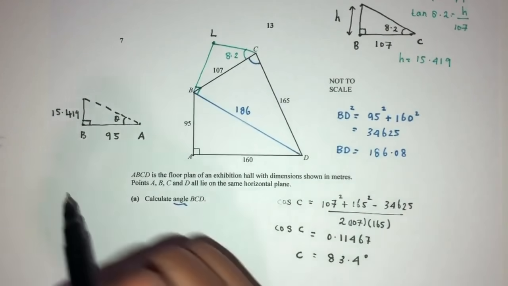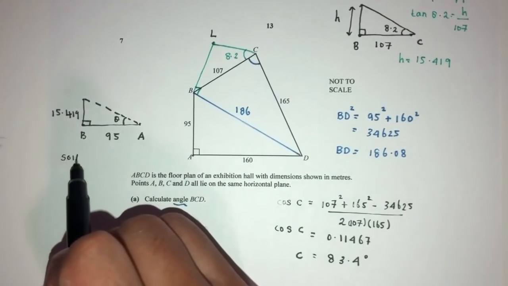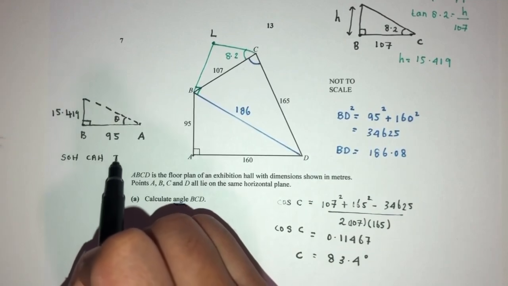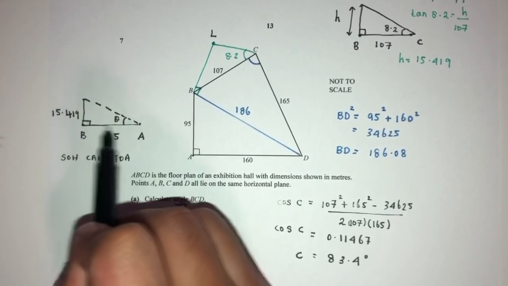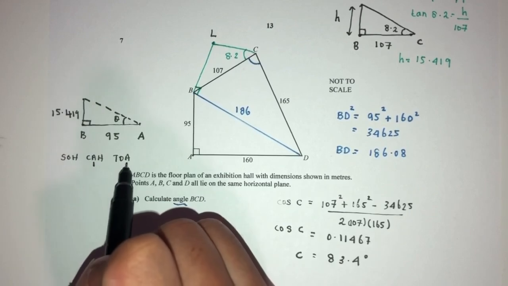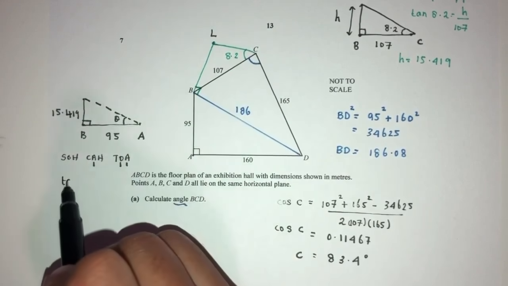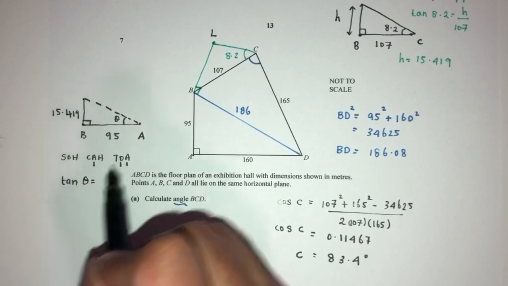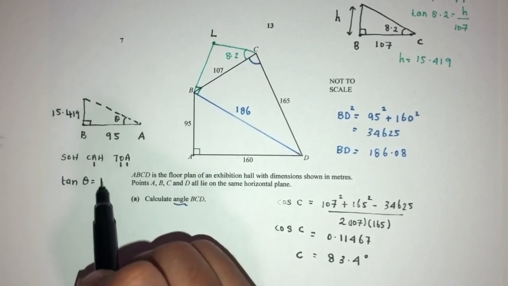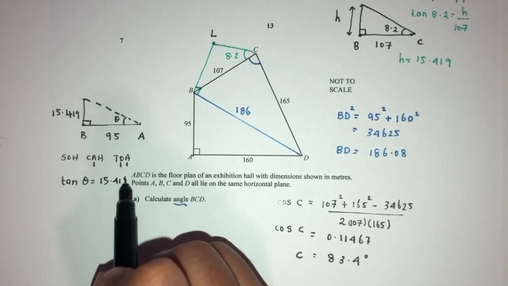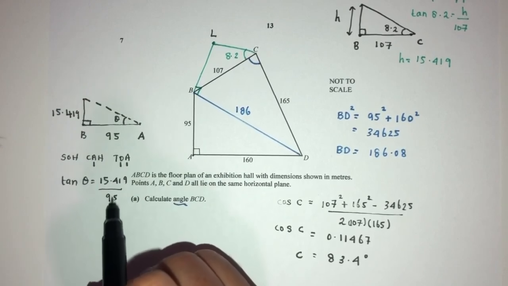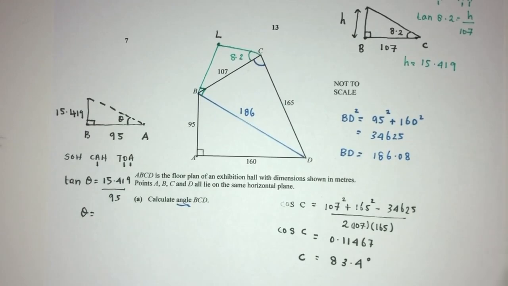How would you find this? Again, let's use SOHCAHTOA. We know this side, the adjacent side, and we know this height, which is the opposite side. We use tan again. So tan of the angle is going to be the opposite side, which is 15.419, over the adjacent side, 95. So the angle will be tan inverse of that.